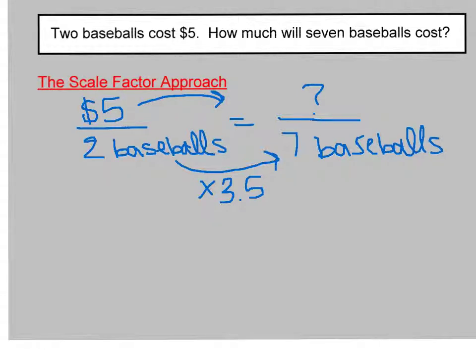So if I could take just 1 baseball out of the pack, then that would be times 3.5. And then I multiply the numerator by the same scale factor number. So we were doing 5 times 3.5, which gives us the same total of $17.50. So knowing that we get the same amount, the same price, by just using a different approach.